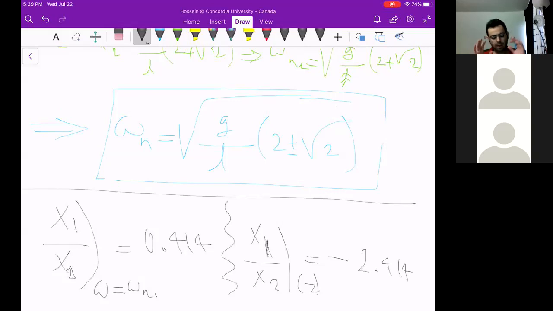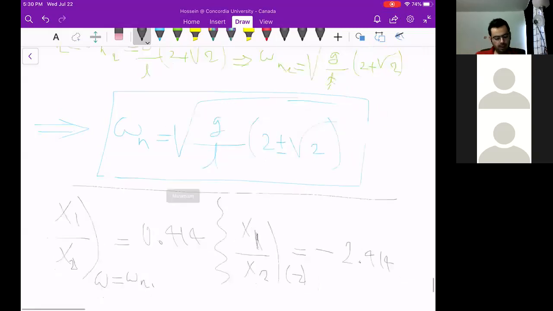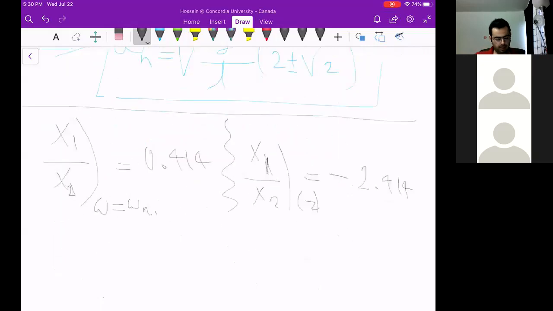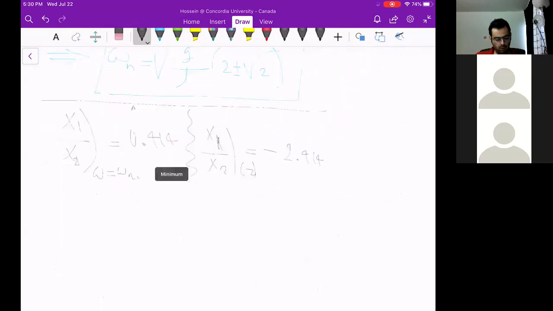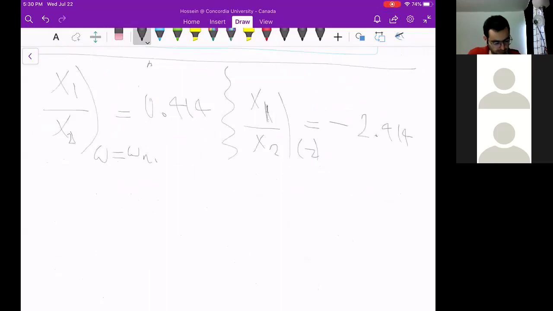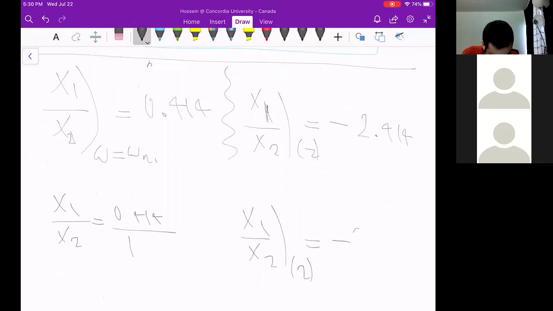In order to geometrically interpret the normal mode, all you have to do is give a denominator of 1. So x1 over x2 is 0.414, just 1 here, and x1 over x2 for the second mode shape is minus 2.4.